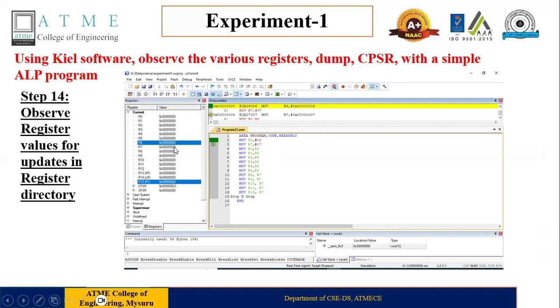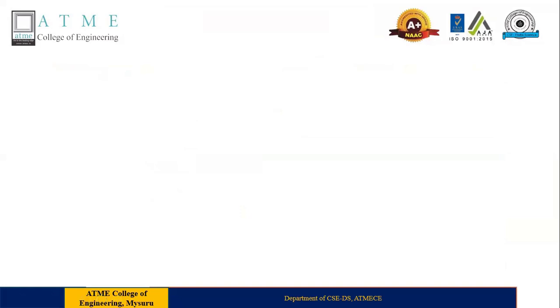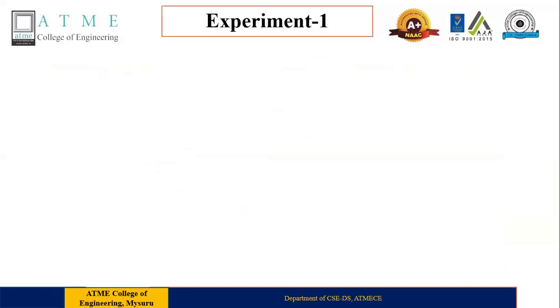Each digit gives 4 bits, so 8 into 4 is 32 bits. The 0x indicates it's hexadecimal. Similarly, if you keep on pressing F11, the output can be observed in each register step by step.